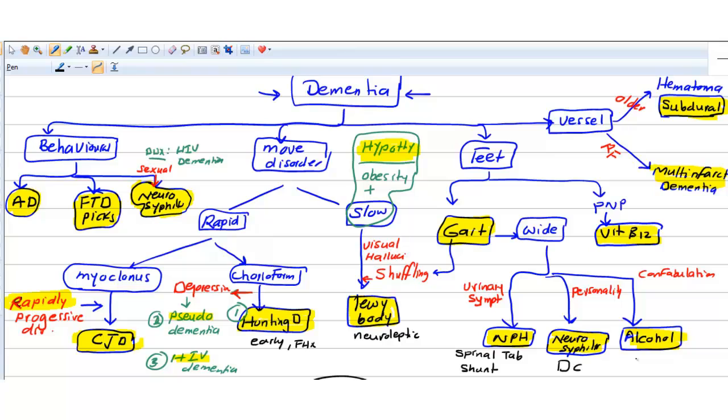Alcohol is important because you are also dealing with location, either mammillary bodies or cerebellum affected. There is cerebellar damage due to alcohol intoxication, by the way. This is very high yield. Now, vitamin B12, I didn't talk about, but the dorsal column is affected. Plus, don't forget, we are talking about dementia, so the cerebral cortex is also affected. There is an interesting point about vitamin B12 here. What else? And I think that's it.